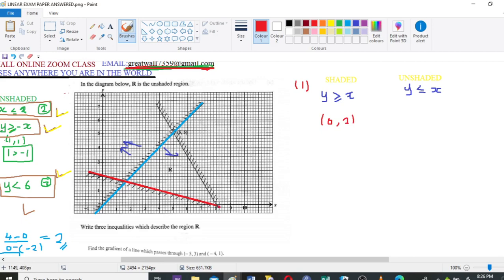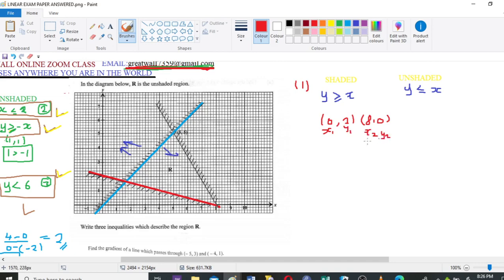So at this point we have 8, 0, and at this point we have 0, 2. So we can let this one be our x1 and our y1, right? And this to be our x2 and our y2.